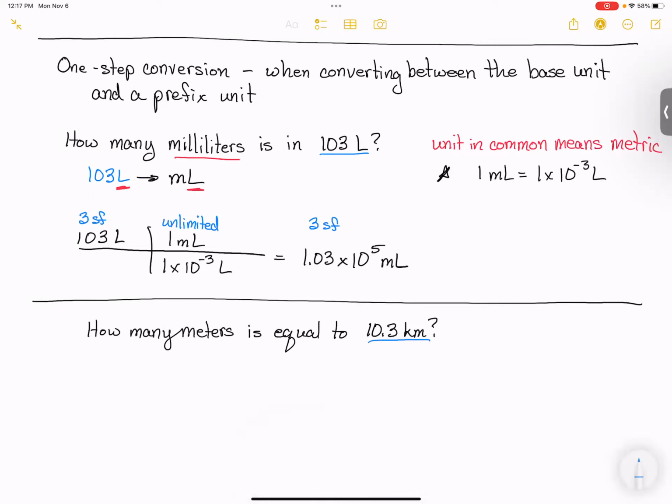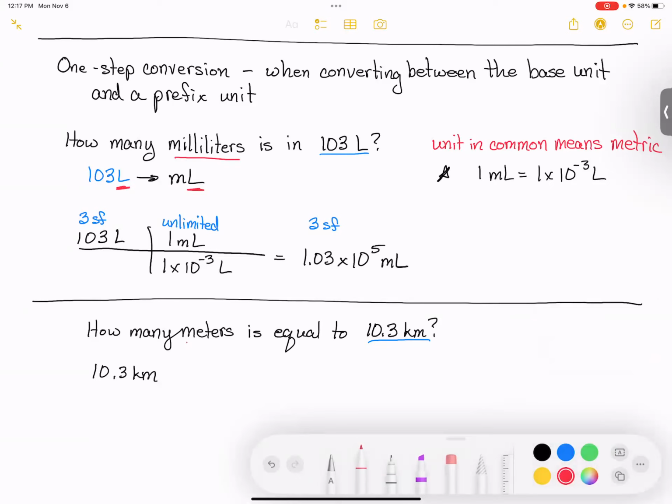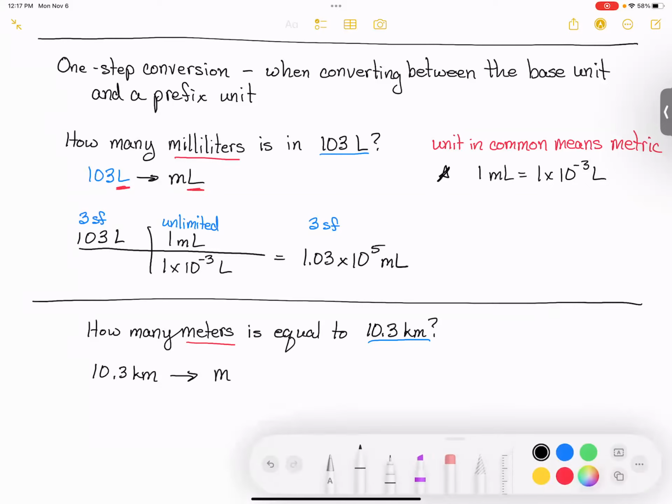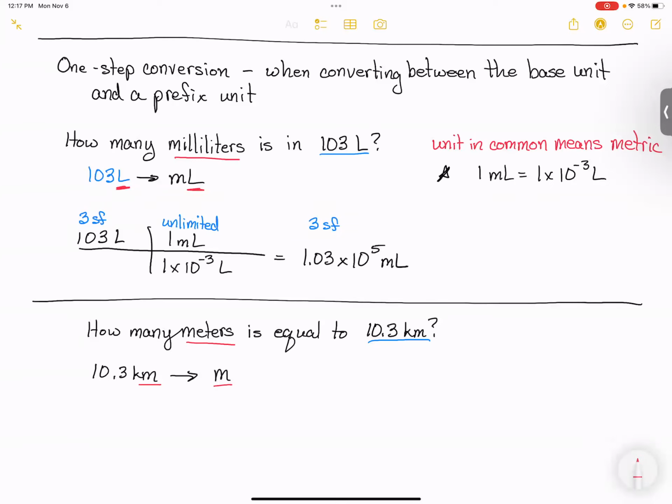Start with what you were given, which is the 10.3 kilometers. Look at what you want to solve for, which is going to be meters. They both have meters in common. So that means unit in common means it's going to be the metric to metric conversion.